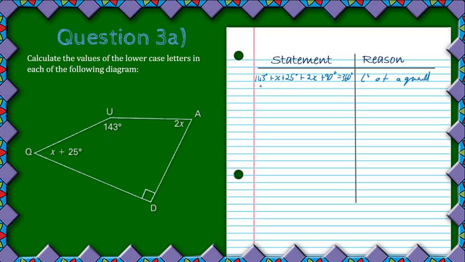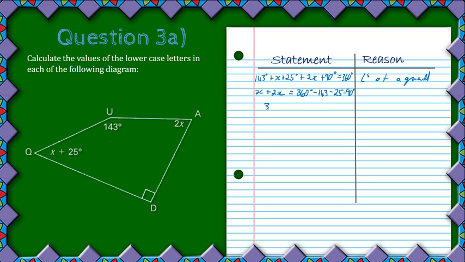Alright, and then we solve for x. So here we have, let's just put all our x's together and take all our constants to the other side. So 360 minus 143 minus 25 minus 90 degrees.